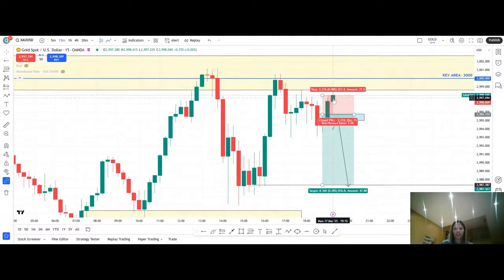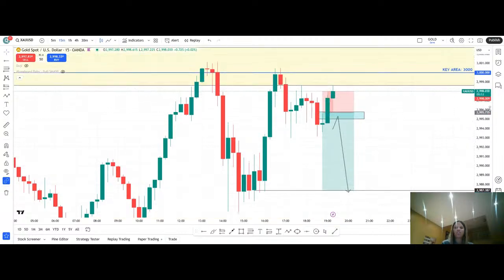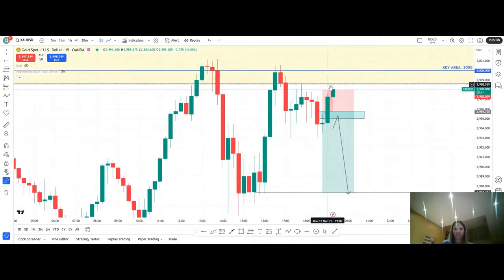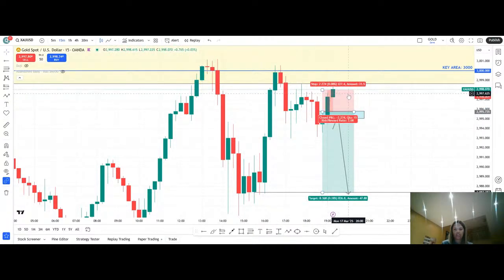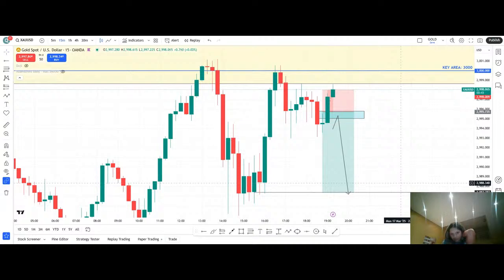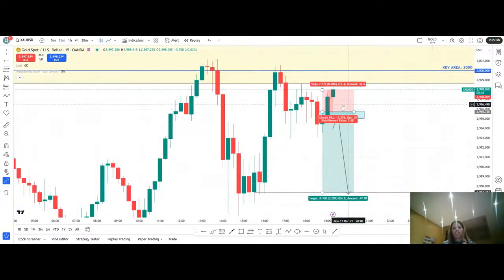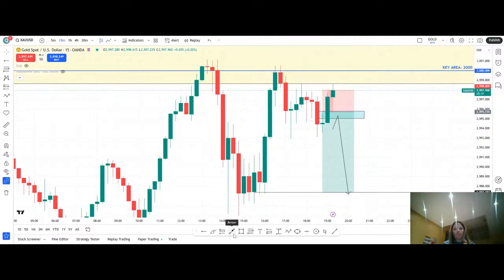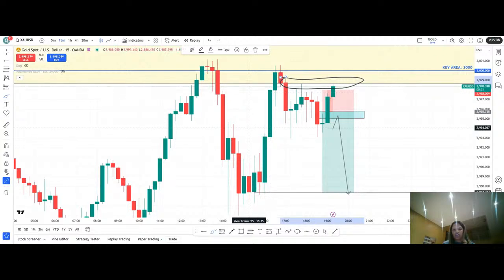You see, I'm saying I'm waiting for this candle to close because I want to see whether it's going to close right above my stop loss or whether it's going to close in line with these highs here. Because you can see the way it's wicking off right here.